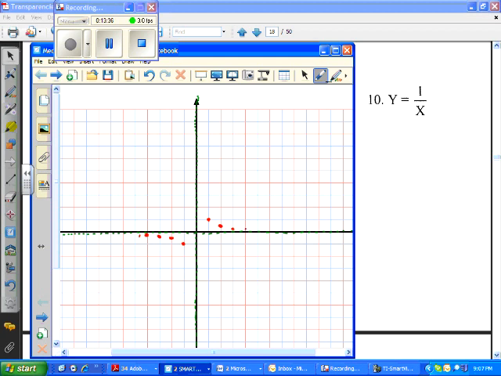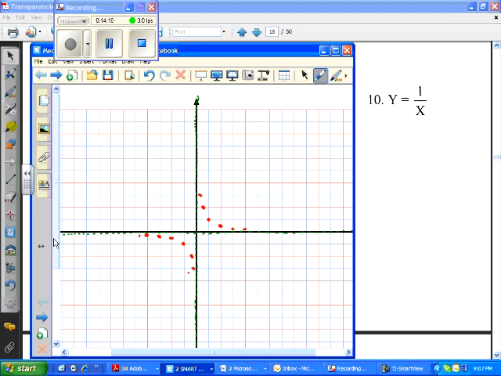When we plugged in a positive 4, we got a fourth. And so we were ever so closely approaching the x-axis. Then when we plugged in the fraction negative 1/3, we got a negative 3, which is about right there. And when we plugged in a negative 1/2, we got a negative 2, which is about right there. When we plugged in a positive 1/3, we got a positive 3, which is about right there. When we plugged in a 1/2, we got a positive 2, which was about there.